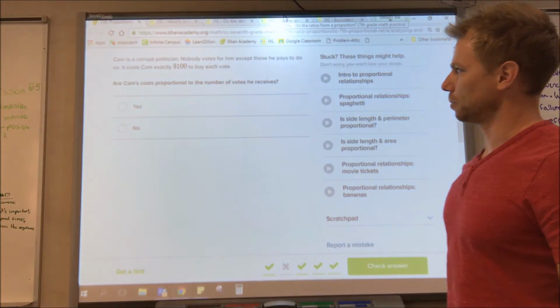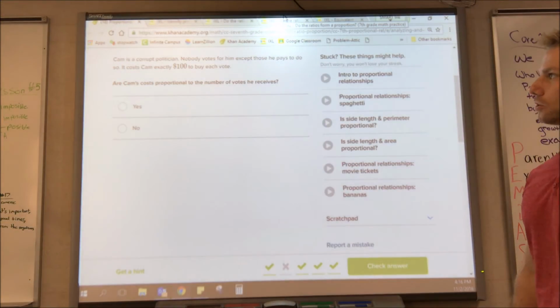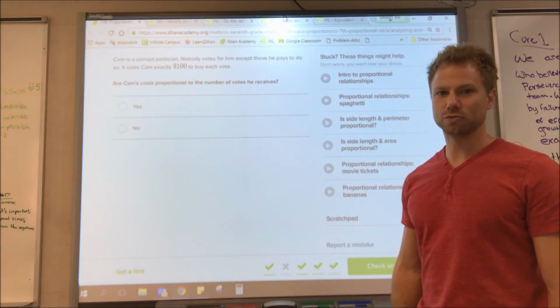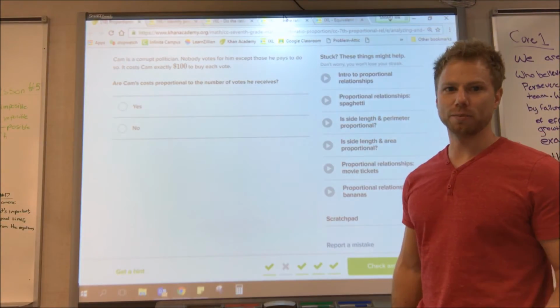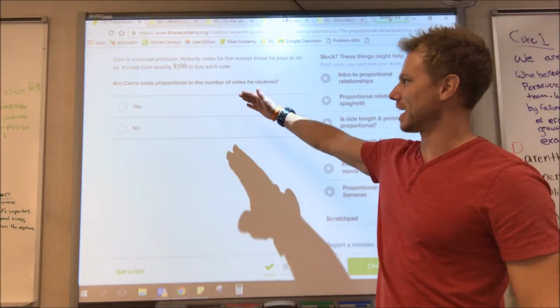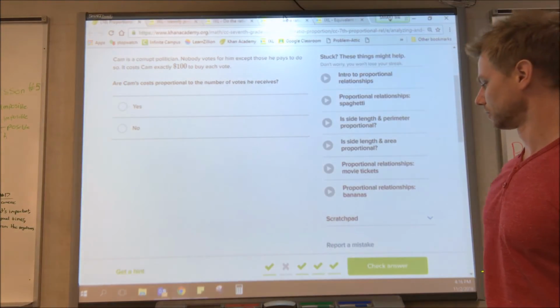Okay, Cam is a corrupt politician. Nobody votes for him except those he pays to do so. It costs Cam exactly $100 to buy each vote. Okay, if you're ever a politician, I don't recommend this. It's not the way to go. All right, are Cam's costs proportional to the number of votes he receives?